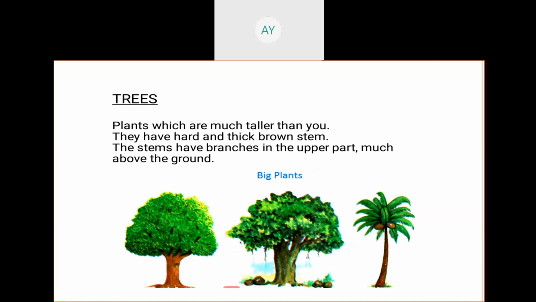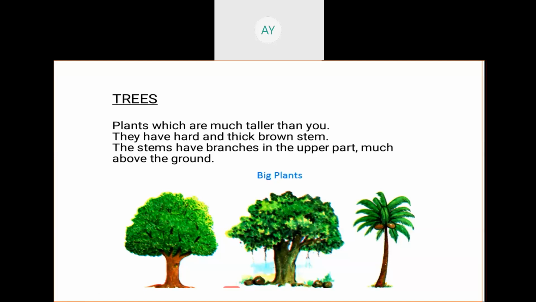These stems have branches in the upper part. You will find these are the branches on the upper part, much above the ground and taller than you. You will find hard woody timber present in the trunk region. Trunk is also a thick stem, and that is used for making different types of furniture after cutting the tree.